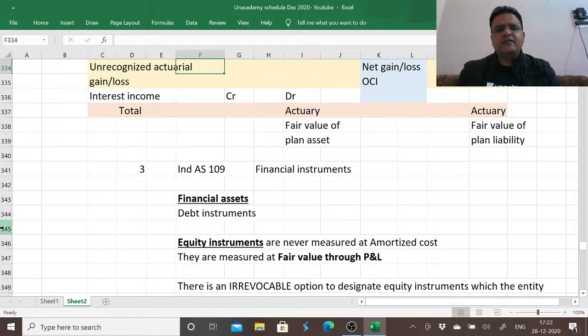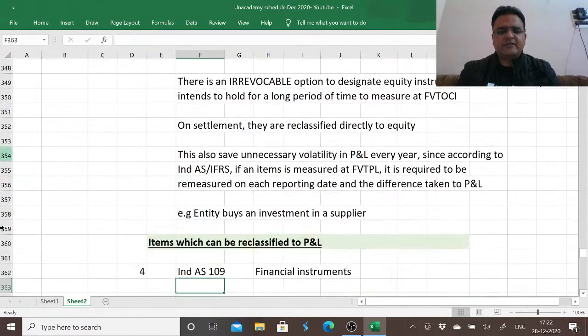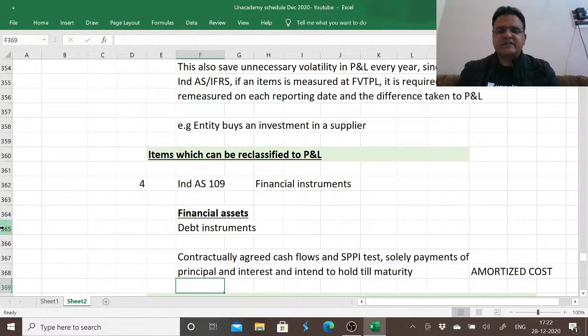So indirectly, by understanding OCI, we are also becoming well versed in the complex standards of Ind AS, covering financial instruments, hedge accounting, the revaluation surplus model, and the effects of change in foreign exchange rates.